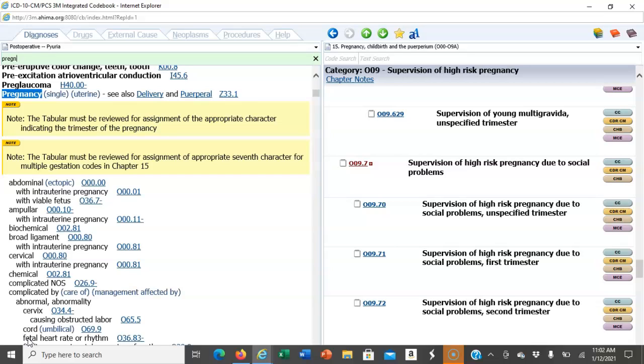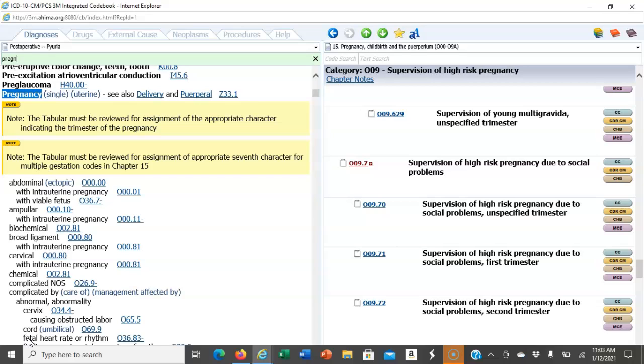A code for any complication of the delivery should be assigned as an additional diagnosis. If the patient has a cesarean delivery, and if the patient was admitted with a condition that resulted in the performance of that C-section, then that condition should be sequenced as the principal diagnosis.